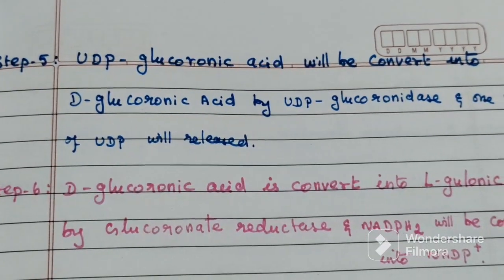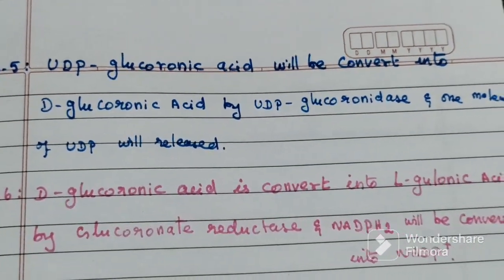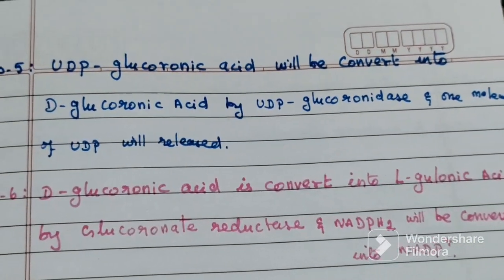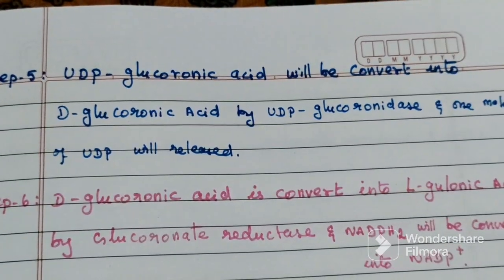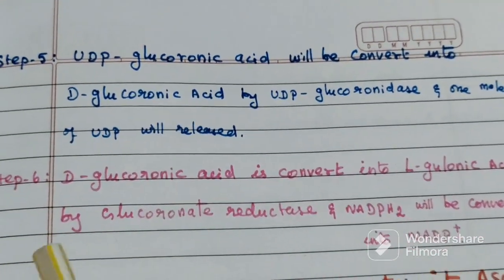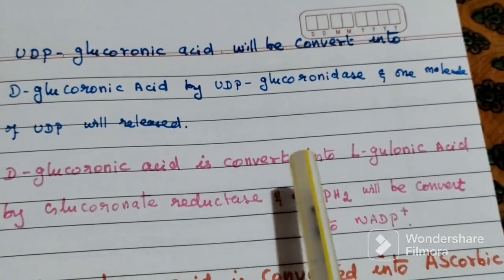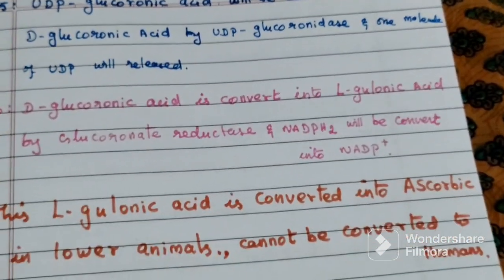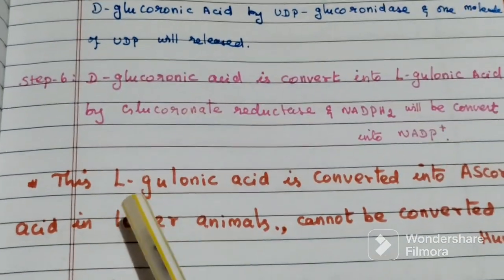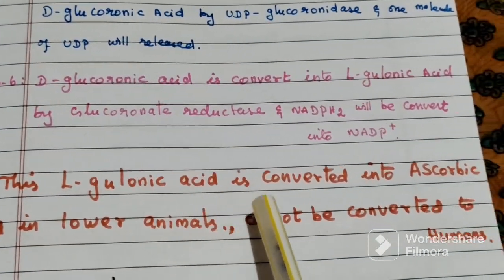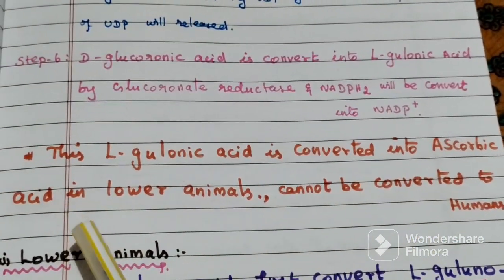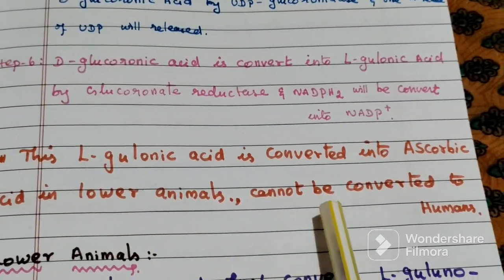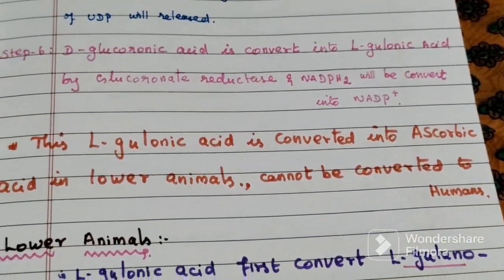Then step 5, UDP glucuronic acid will be converted into D-glucuronic acid. Then D-glucuronic acid is converted into L-gulonic acid. Then L-gulonic acid is converted into ascorbic acid in the case of animals, not in humans.